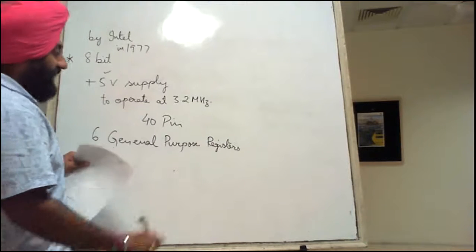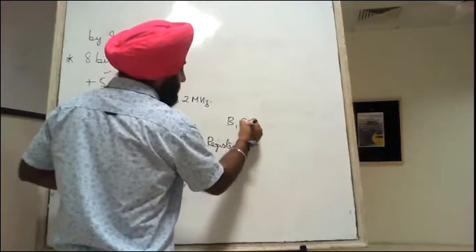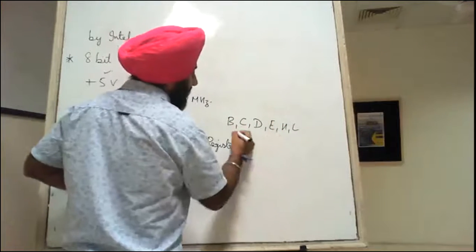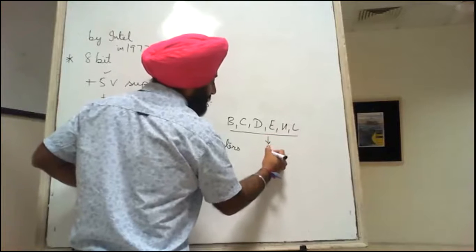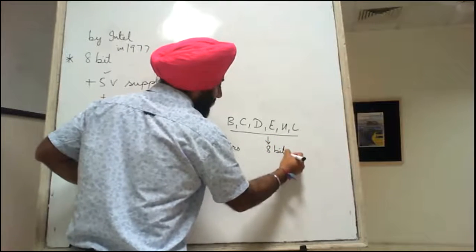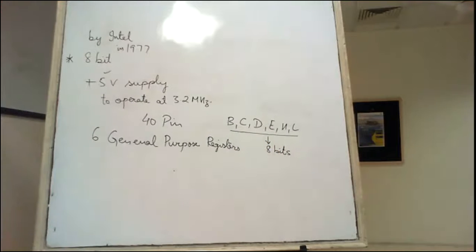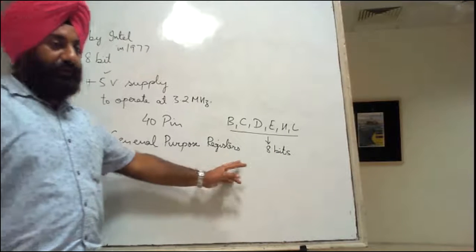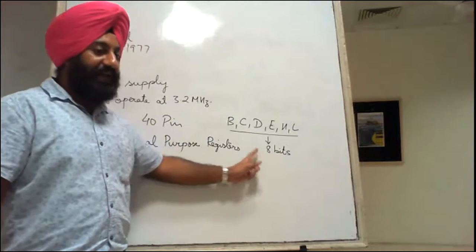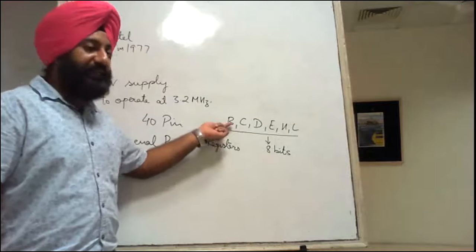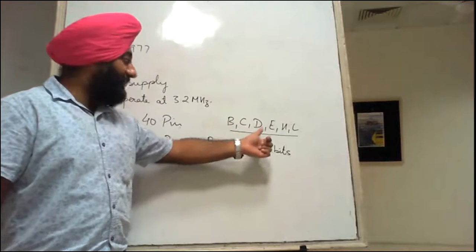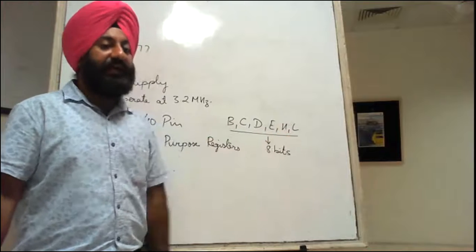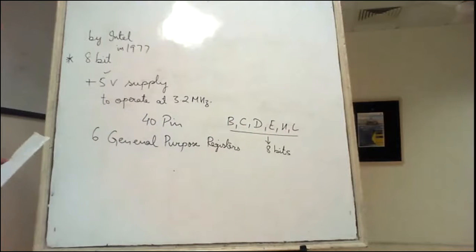Those registers are B, C, D, E, H, L, and each register will consist of 8 bits. We have a total of 6 general purpose registers whose size is 8 bits: register B, register C, register D, register E, H and L.